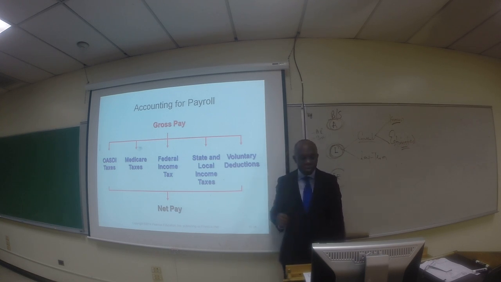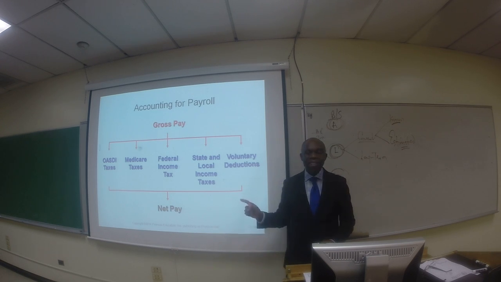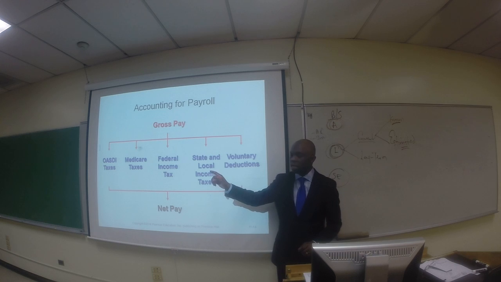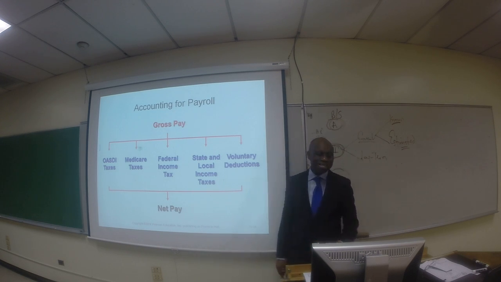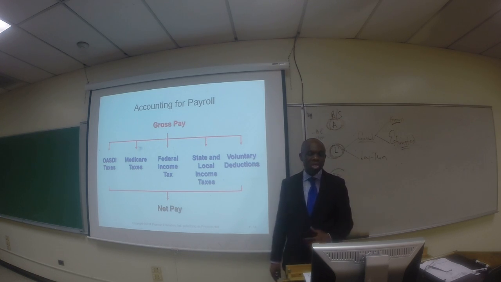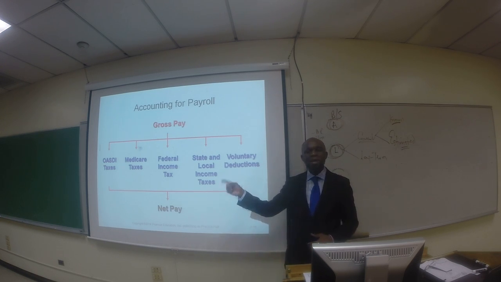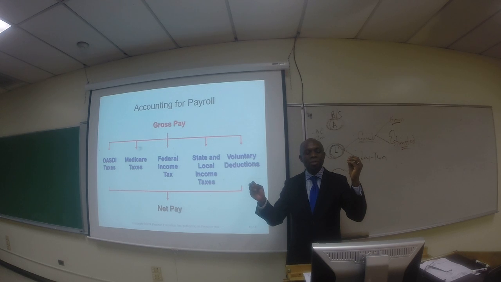Number one, we have OASDI taxes, and number two, we have Medicare taxes. OASDI stands for Old Age, Survivor and Disability Insurance. Both the OASDI and Medicare taxes are what we call Social Security tax.